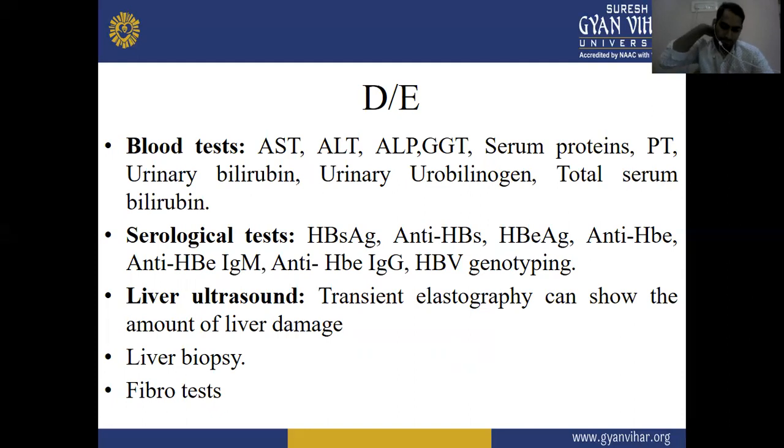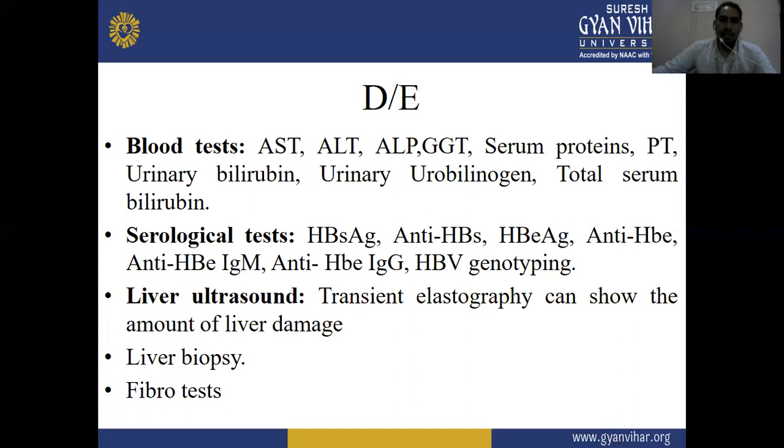Next one is HBeAg, hepatitis B e antigen. Absence of HBe antibody usually indicates acute hepatitis B virus replication and high infectivity. And next one is HBV, hepatitis B virus.